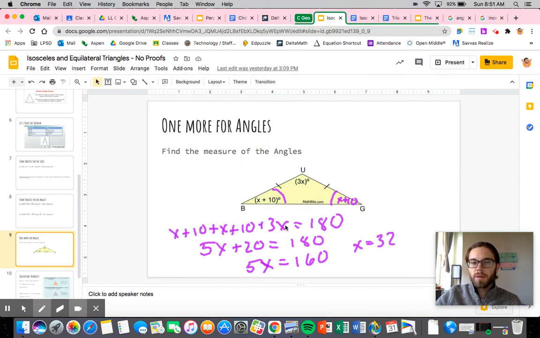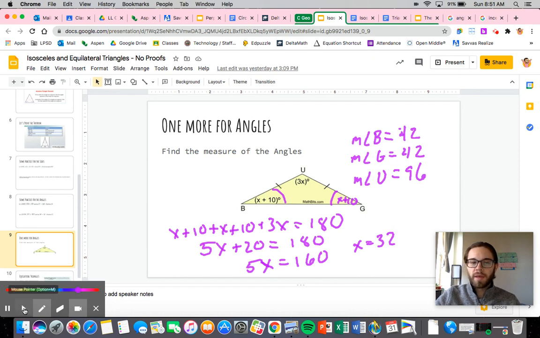All right? So when we plug that in, the measure of angle B is going to be 32 plus 10, which is 42. The measure of angle G is also going to be x plus 10, which is 42. And then the measure of angle U will be 3 times 32, which is 96. All right. And there you have that. Simple enough.